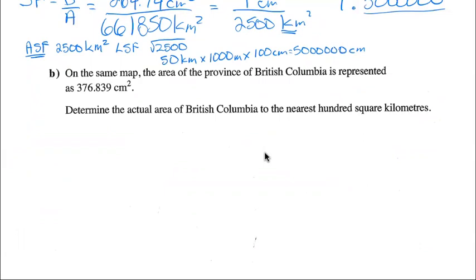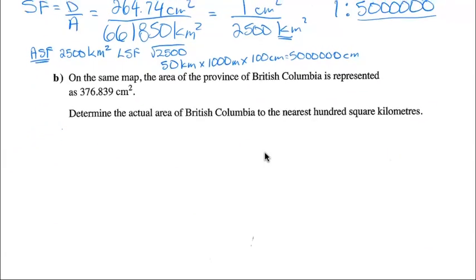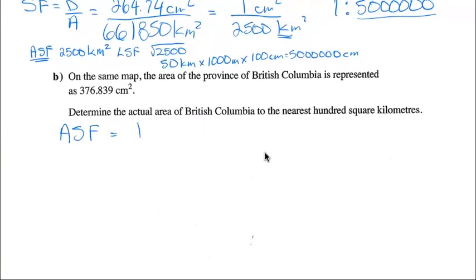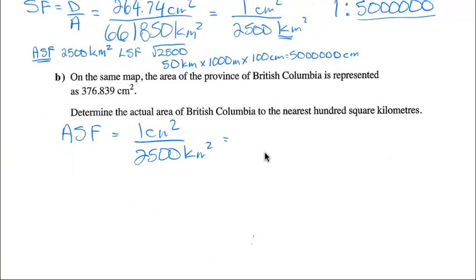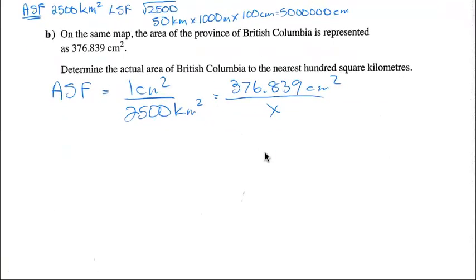Question B, on the same map, the area of the province of British Columbia is represented as 376.839 centimeters squared. Determine the actual area. So if I know my area scale factor was 1 centimeter squared over 2,500 kilometers squared, then I can do a drawing over actual, or a proportion, 376.839 centimeters squared over x to figure out the area of British Columbia.